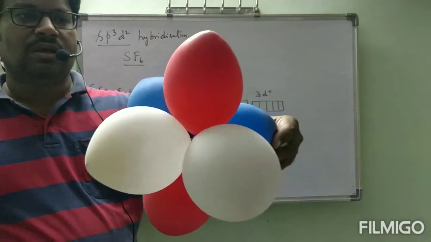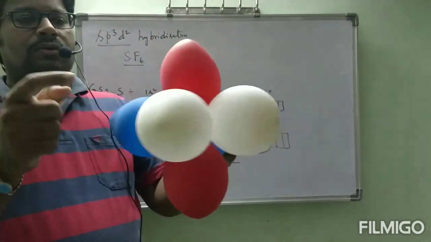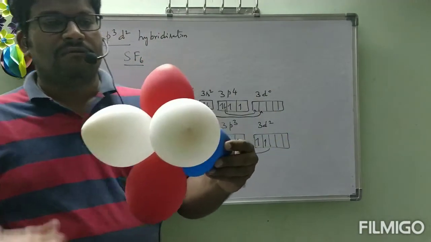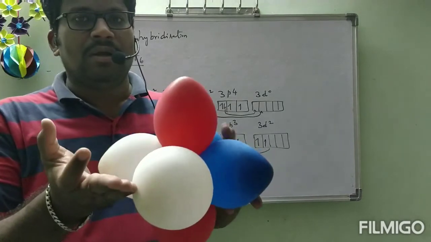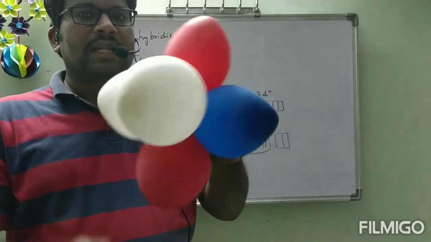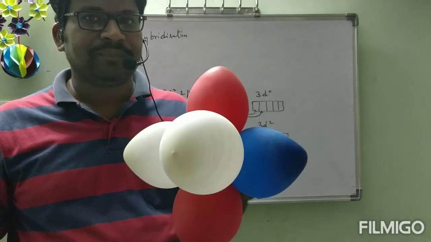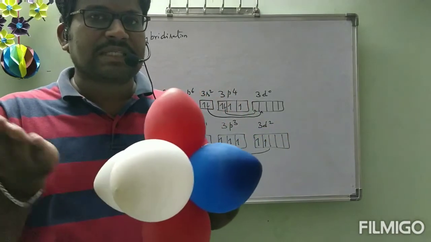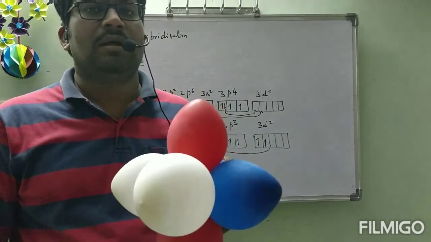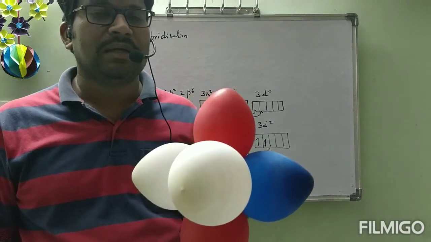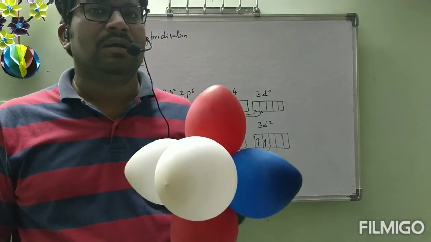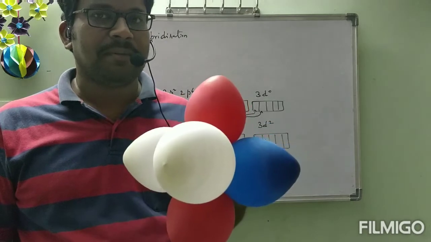Those 6 are these: 2 red, 2 blue, 2 white balloons. Four are in plane, one will be above the plane and another one below the plane, forming a square bipyramidal shape. So the molecular shape is square bipyramidal.